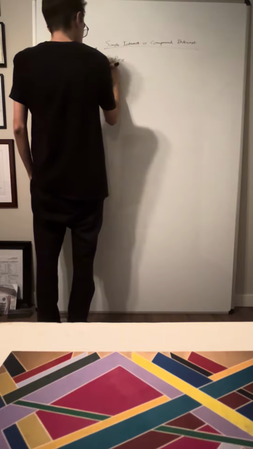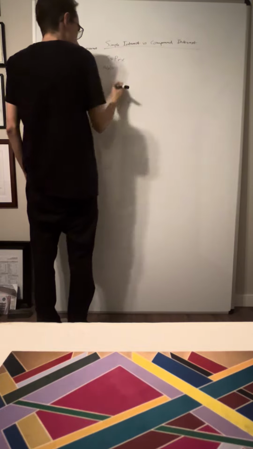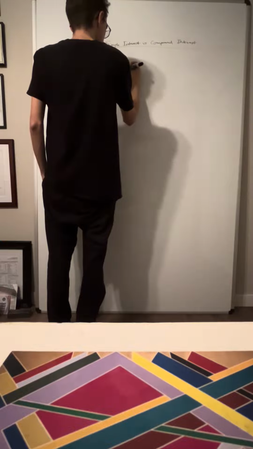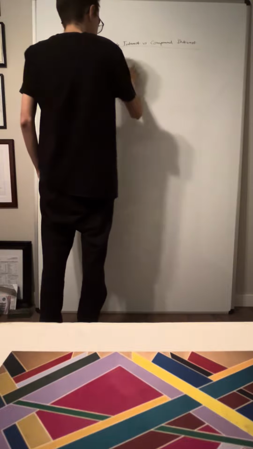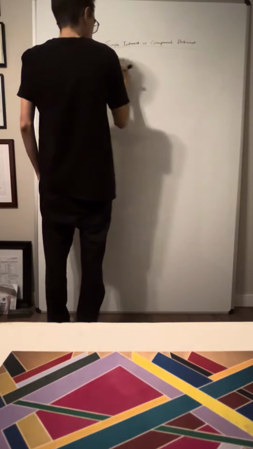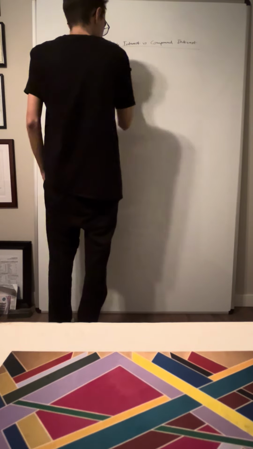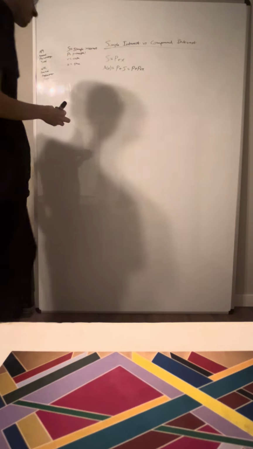So let's call this total amount A, or A of X would equal your principal plus your principal times rate times X, because we have the principal plus your interest S, so let's say that equals P plus PRX, okay?